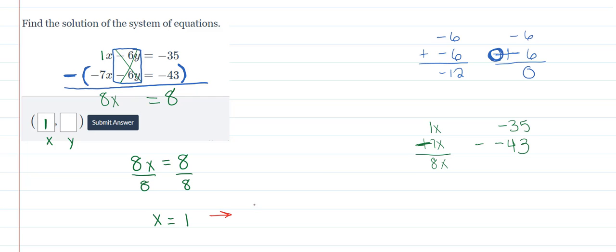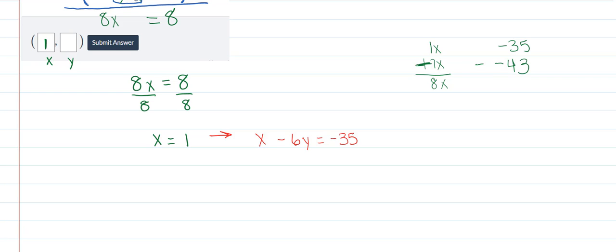If I do x minus 6y equals negative 35, that was the original equation that was given. And I'm going to give myself some space to work here. Okay, but I know that x is 1, so I'm replacing x with 1. There we go. I'm going to solve this by subtracting 1.